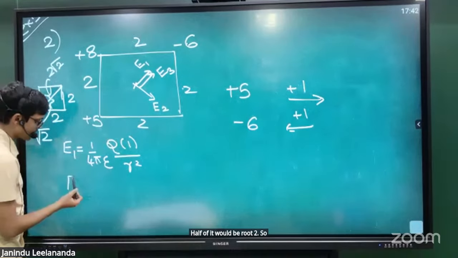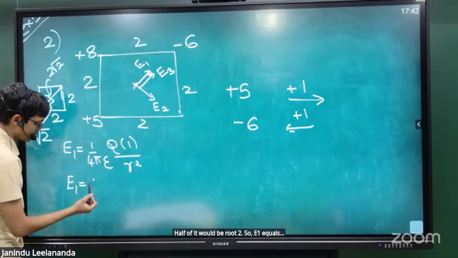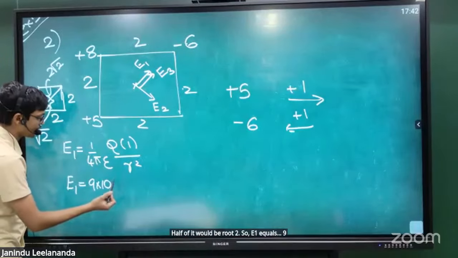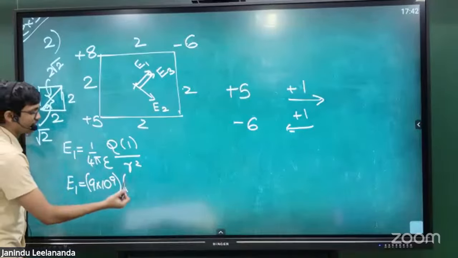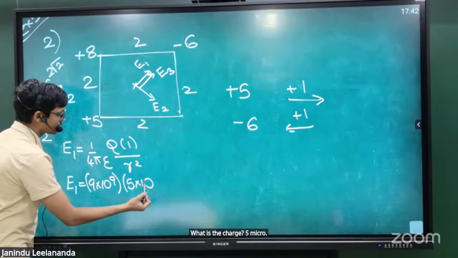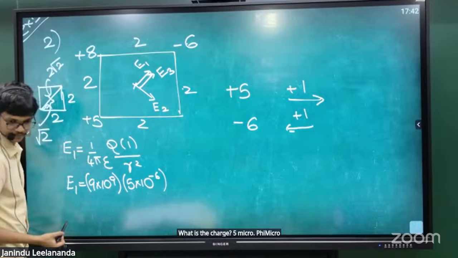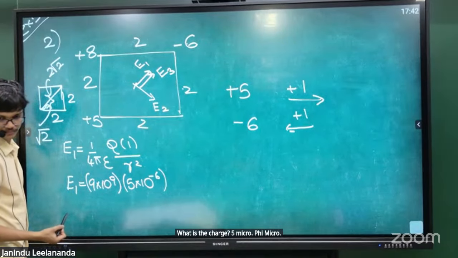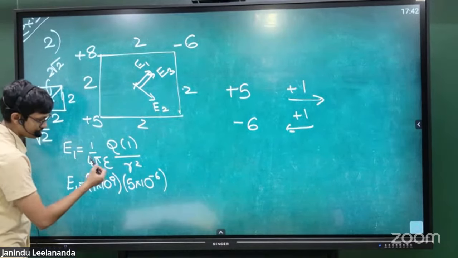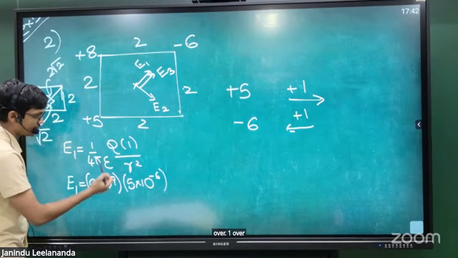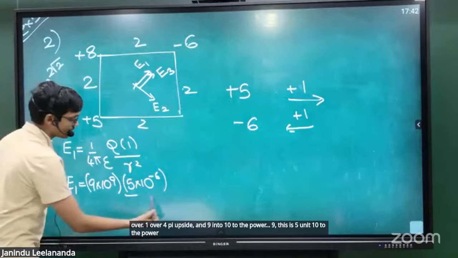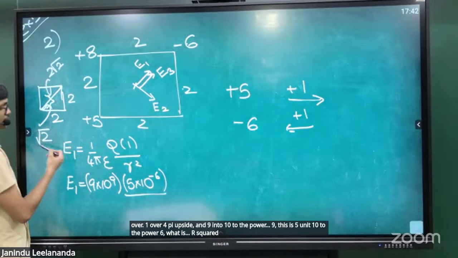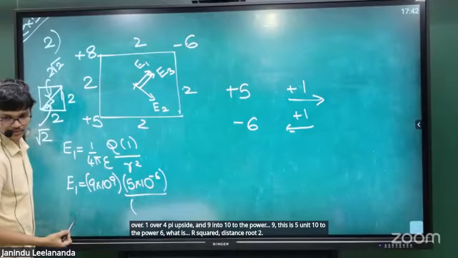So E1 equals 9 into 10 to the power 9. What is the charge? 5 micro, which is 5 into 10 to the power minus 6, over R squared. What is R squared? Distance root 2, so it is root 2 squared.